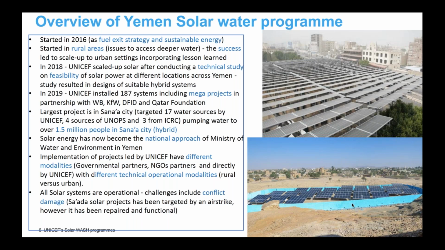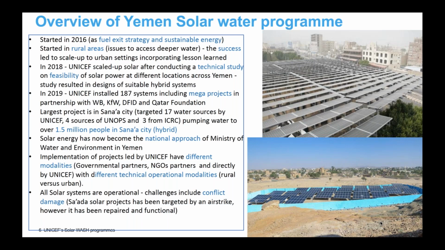Therefore, in 2018, a technical feasibility study was done on the use of solar in different locations in Yemen. And this was designed in a way that normally the systems are hybrid systems that use maybe a part of electricity, a part of fuel, and a part of solar, trying to reduce the dependence on other sources of energy that are less sustainable, right?